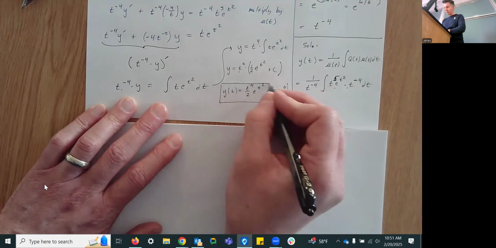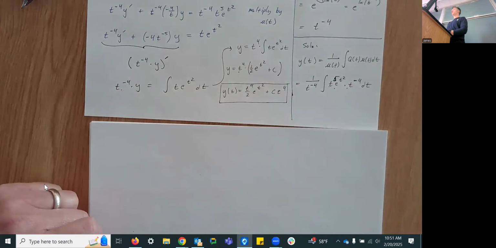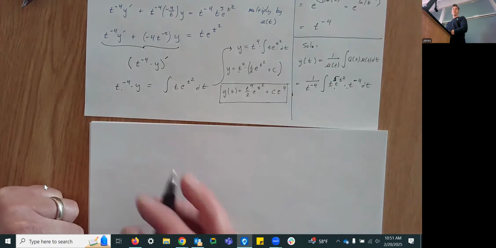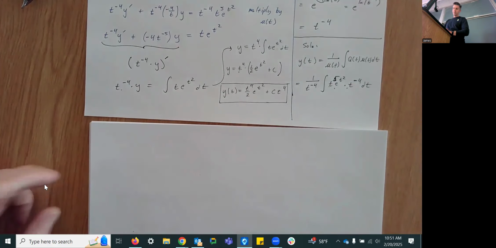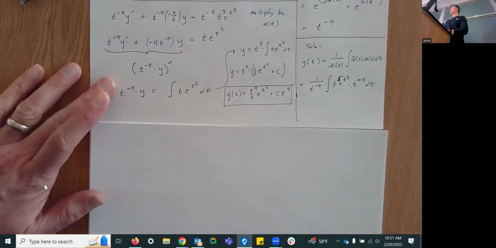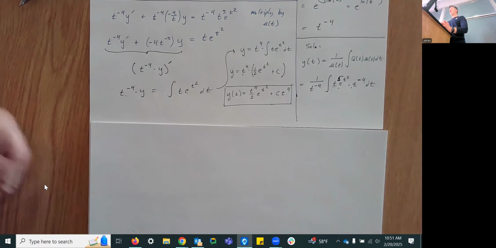It is really important that c multiplies that 1 over your integrating factor. That's kind of the whole deal as far as doing first order linear.